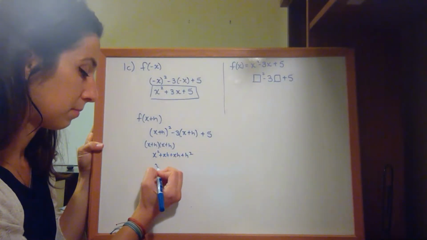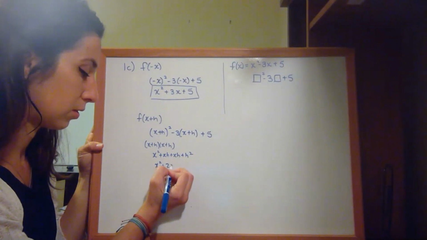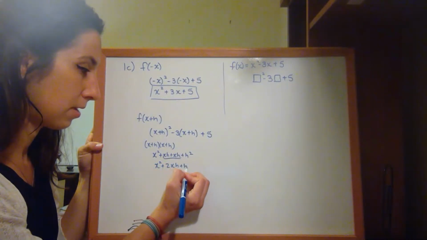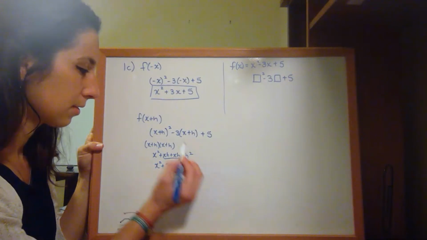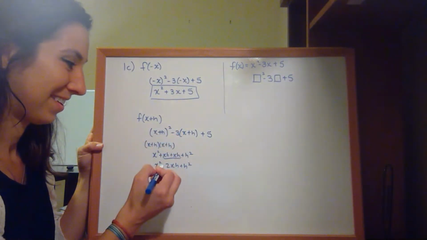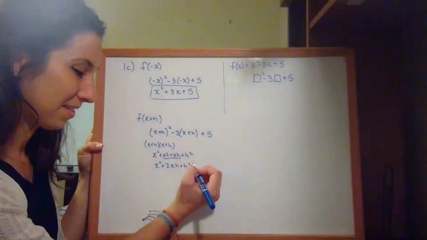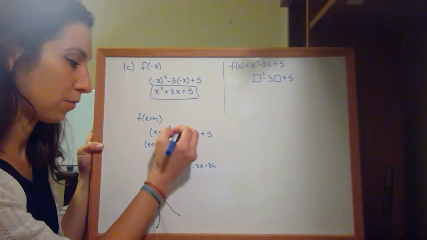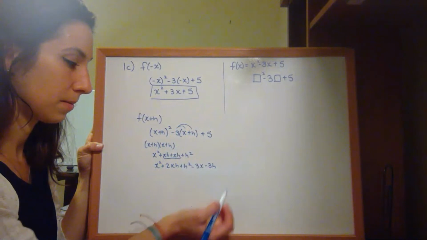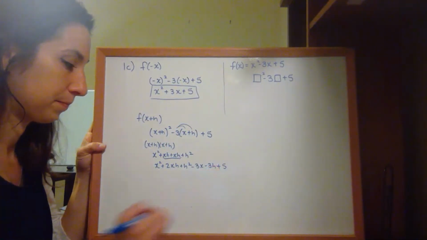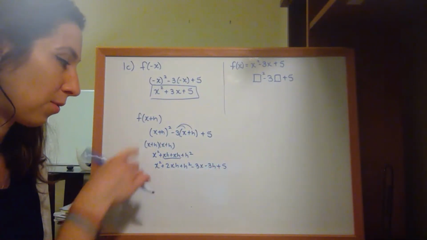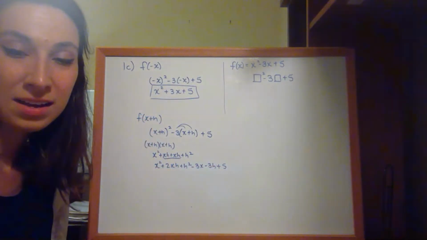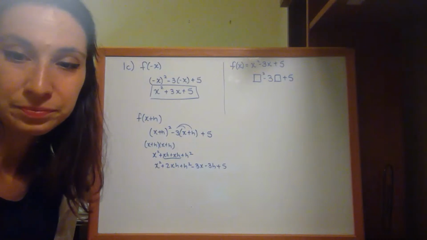And then if we simplify, it's x squared plus 2xh, right? 2 of them, plus h squared. So that was all just from this. And now we have to bring down the negative 3x, negative 3h. Don't forget to distribute that negative twice. And then plus 5. Okay, so f of x plus h turns out to be a pretty long line of terms.